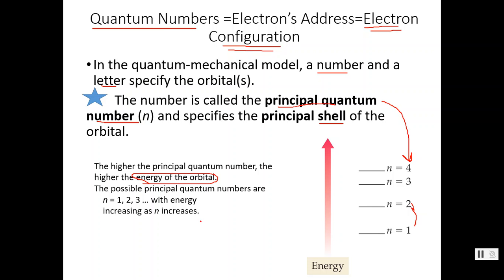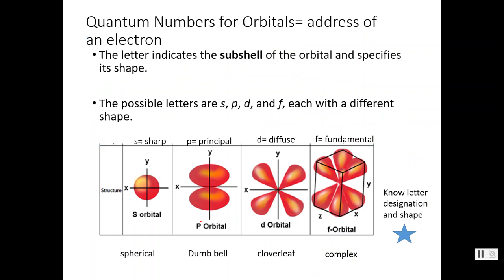So we have a number and we have a letter. The letter is the second part of the address of an electron. The definition of this letter is that it indicates the subshell of the orbital, but I think it's more instructive to think about this letter as saying something about the shape of the orbital.